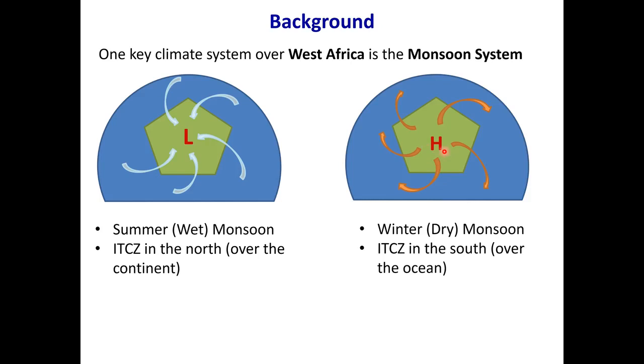So we see that this is a seasonal occurrence, and therefore the ITCZ or the ITD actually moves either north or south, depending on where the low pressure or the high pressure is located.